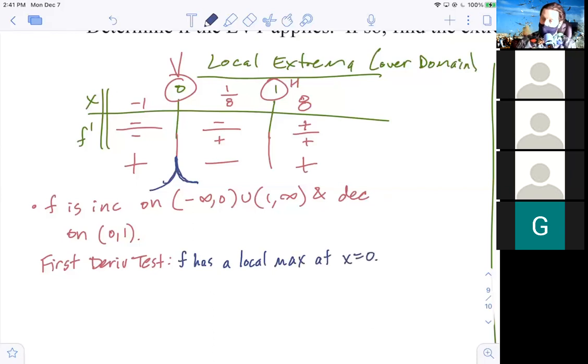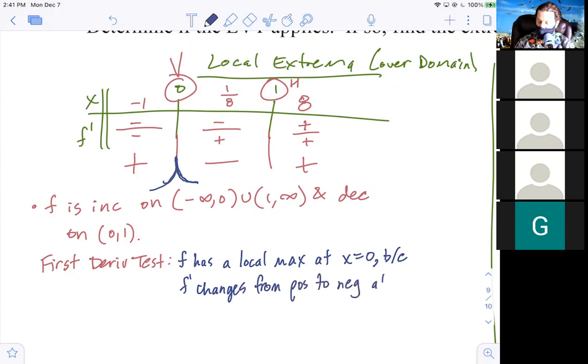Again, if you wanted the y value, it's f of 0, comma, because f prime changes from positive to negative, not in France, but at x equals 0. I've graded AP calculus papers, and I know that that sentence will get you full credit, all right?